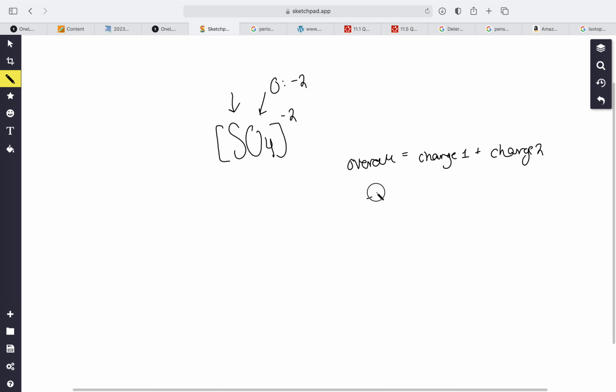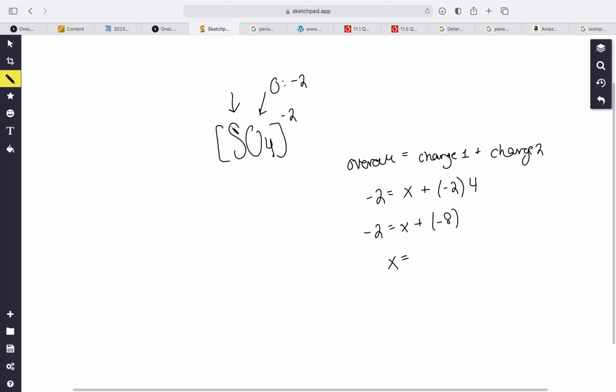So the overall charge here is -2, which is equal to the charge of the first one, so we don't know the first one's charge, so we're just going to write x, plus the charge of the second one, which is going to be -2. But you also have to remember that there are 4 oxygens, so we're going to do -2 times 4. So -2 is equal to x plus -8.